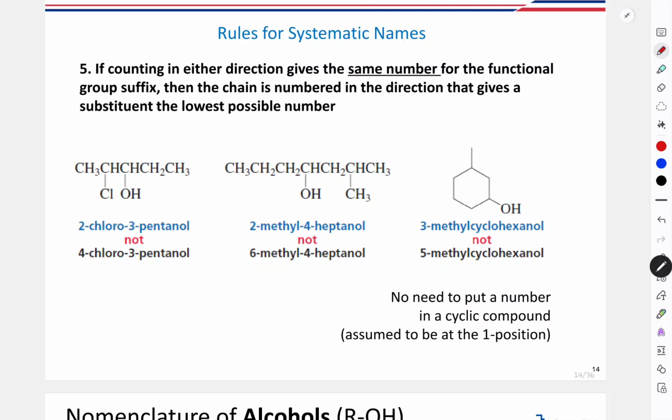So either way, from left to right or right to left, will make the carbon attached to the OH group number 3. This way, you need to number from left to right to make the carbon attached to the chloro group the lowest possible number, which is 2. That's why this is 2-chloro-3-pentanol, not 4-chloro-3-pentanol.